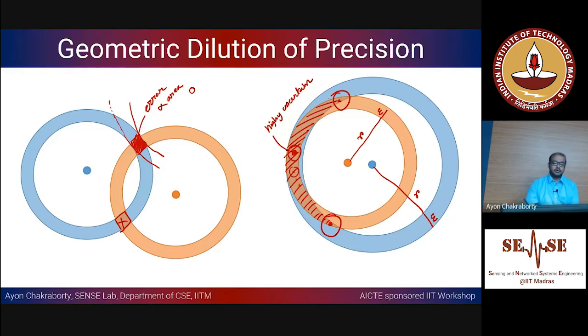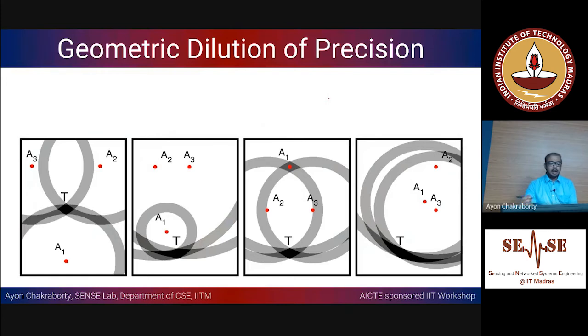Now I have shown several situations where a1, a2, a3 are on the three corners of a triangle, and T is basically the target device, the device whose location we are interested in. This region is pretty small. Now a2 and a3 are closer to each other, and T is outside this triangle.